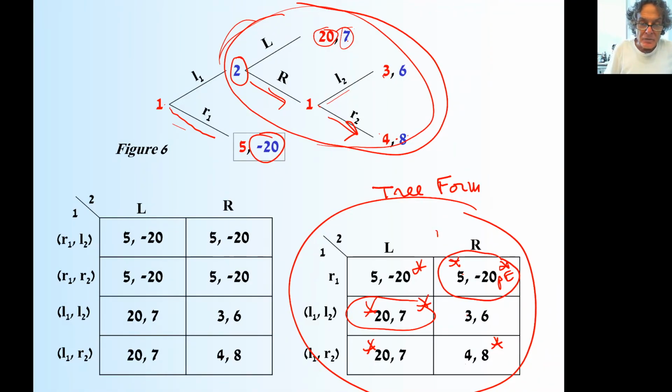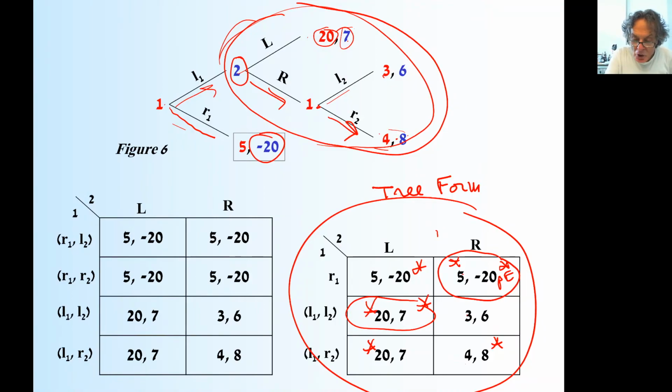Therefore, whatever 2 tells 1, he not necessarily should believe her. Once he goes left 1, she's not going to keep the promise to go left. She's going to go right, anticipating 1 to go right as well.